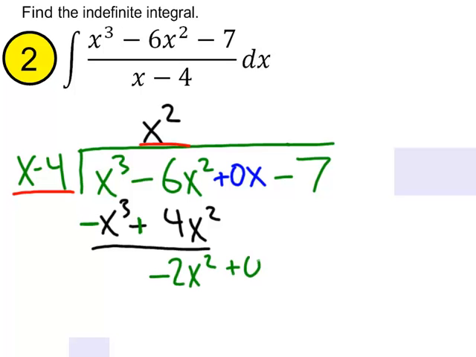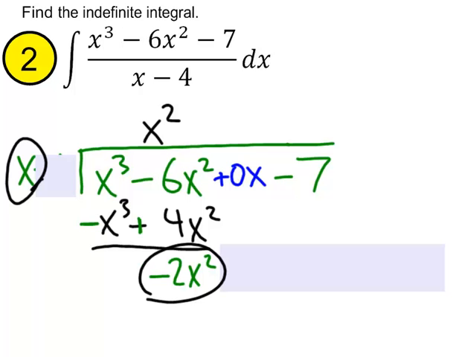We'll bring down that 0x, just like with regular long division with numbers. And then we say, how many times does x go into negative 2x squared? Well, we'll say it goes in there negative 2x times.